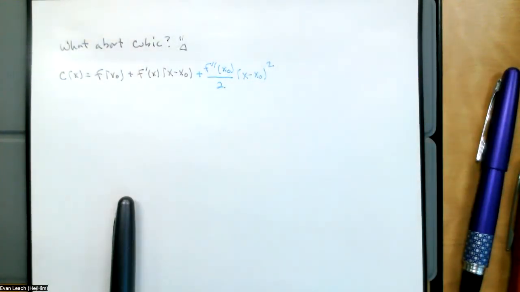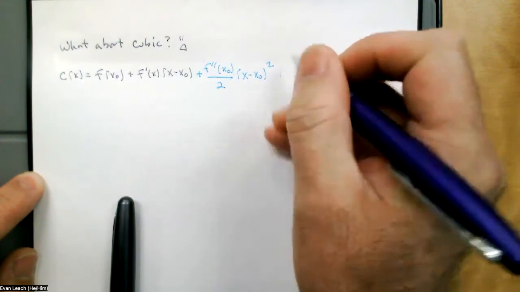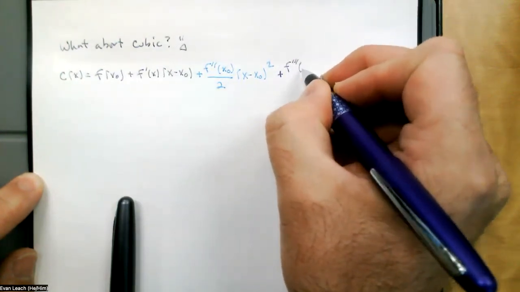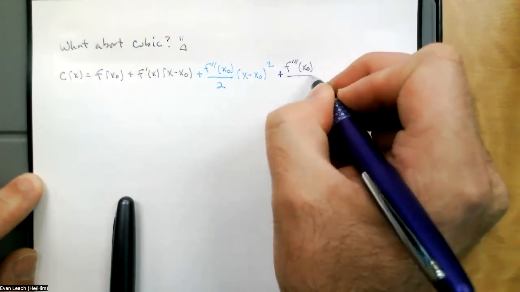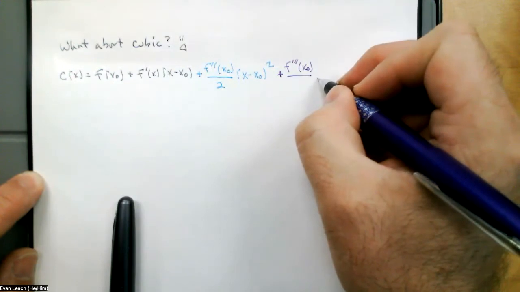Because we take 2 derivatives, we multiply by the 2, then we multiply by the 1, we need to cancel out that 2. Our next term is going to involve the third derivative. And if you're thinking we're going to have to divide by something, then yeah, we totally are. All we have to do is think about what we want to divide by.